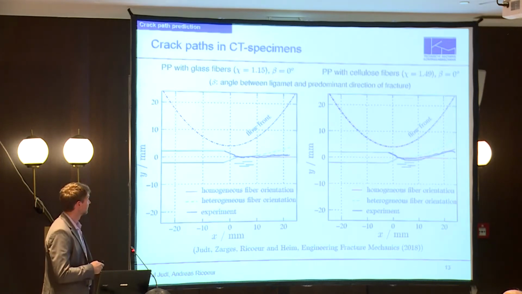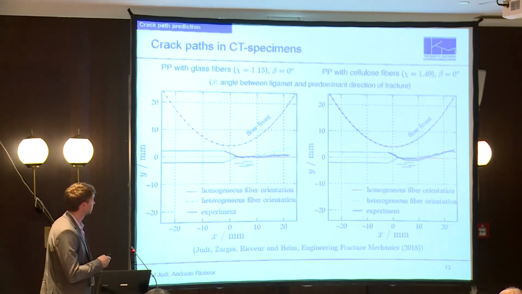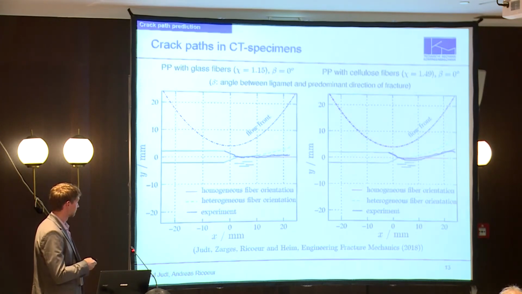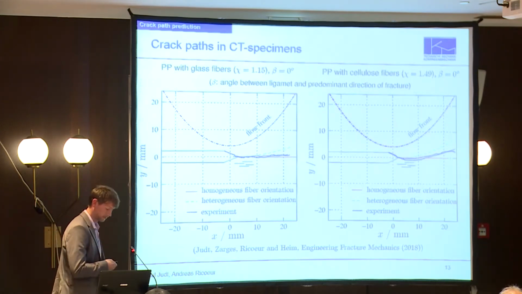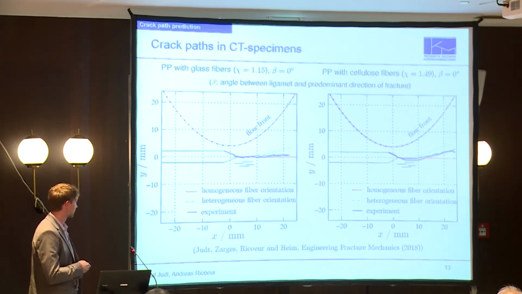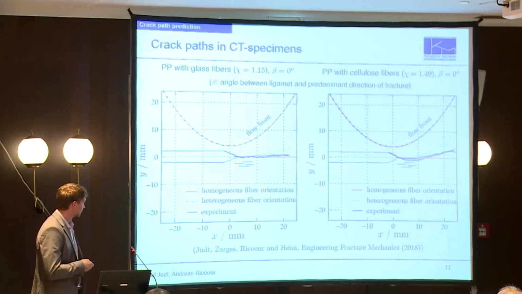Okay, here is the case of beta equal 0 degrees, where beta is the angle between the ligament and the predominant direction of fracture, which is parallel to the predominant direction of the fibers. We considered two different assumptions for the fibers.